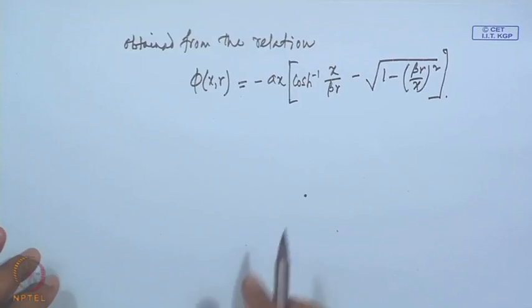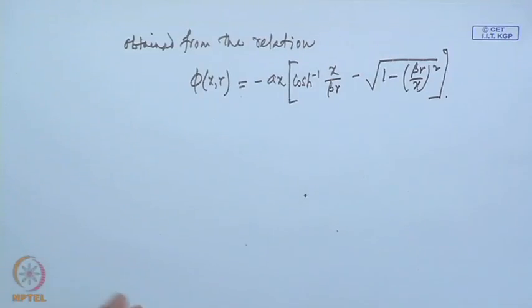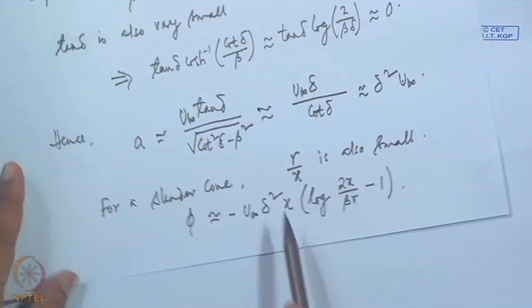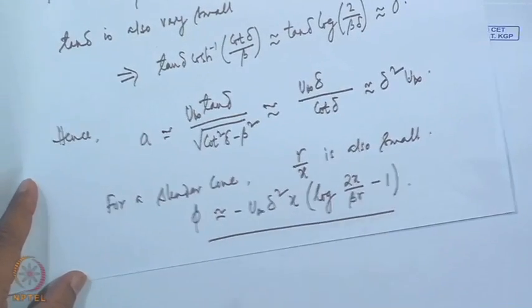So, simplification of this expression with a equal to minus u infinity delta square gives this expression for phi for a slender cone.